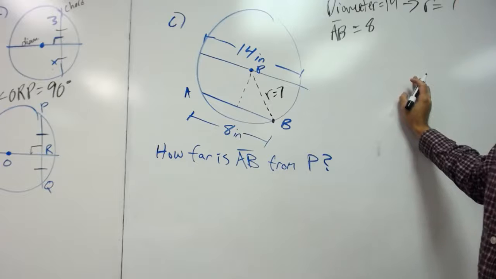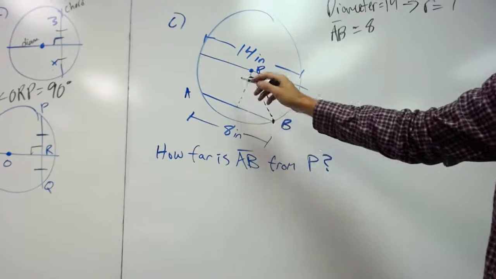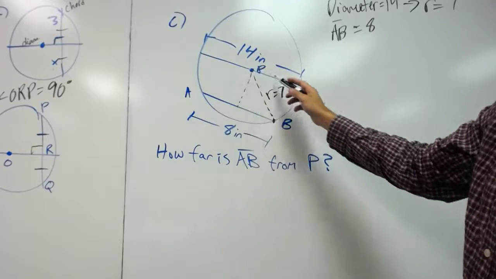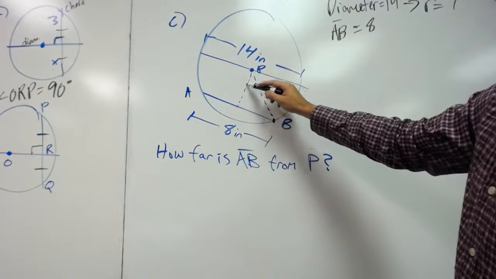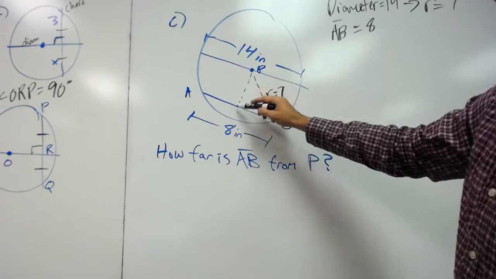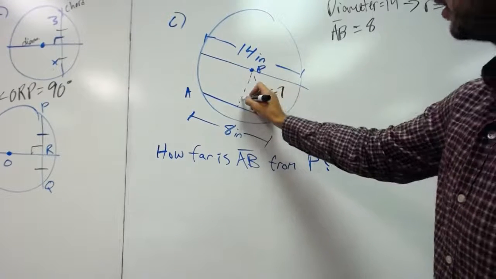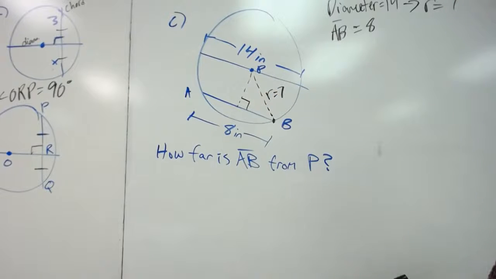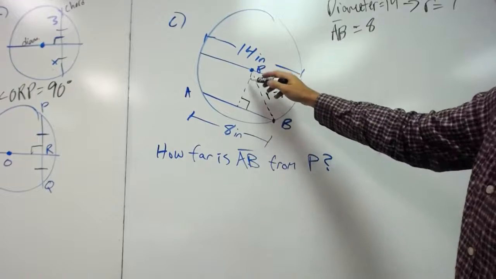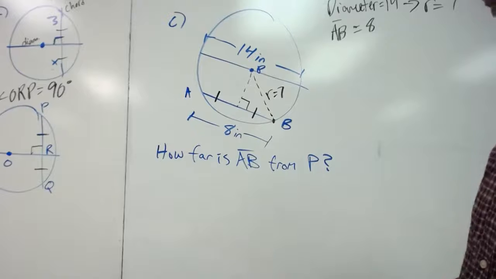Now, what else do we know? Well, theorem 43-1 that we just looked at says if you have a diameter and a chord, and we create a perpendicular line here, because we're going to draw this line perpendicular to the center of the circle, when we do that, we divide these equally.